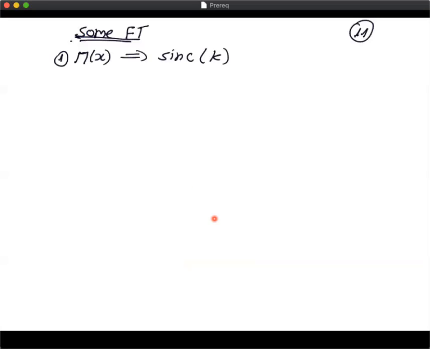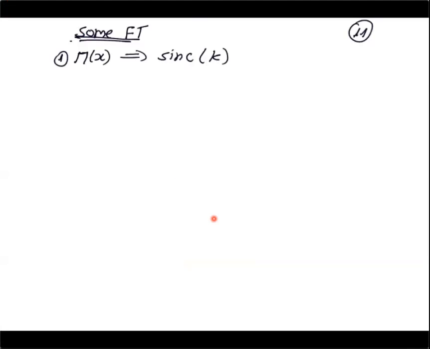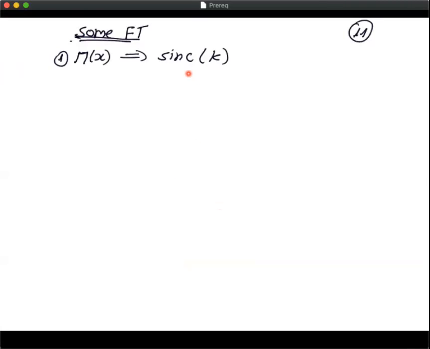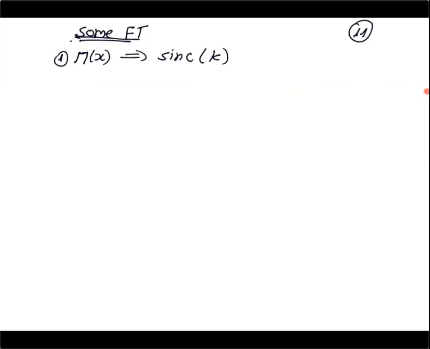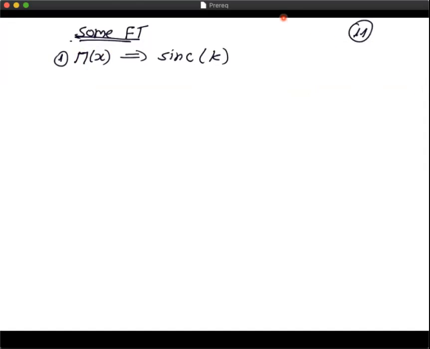Okay, so with the Fourier transform, you don't need to compute this integral over and over again. In many cases, there are functions that we know exactly what their Fourier transform is. So here are some important functions. If you remember the rect function, what's the rect function defined as? It's 1 between -1/2 and 1/2, and 0 elsewhere.